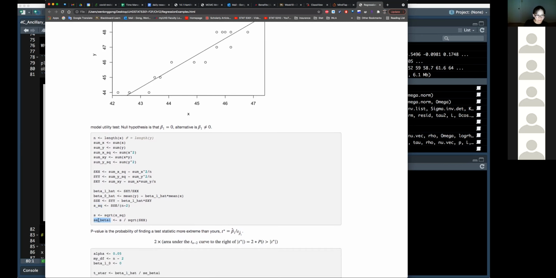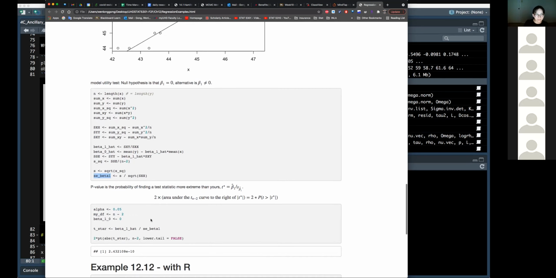And eventually we get the standard error of the beta 1 hat. That's something needed when we do the hypothesis testing. When we do this hypothesis testing, we would need the test statistic.